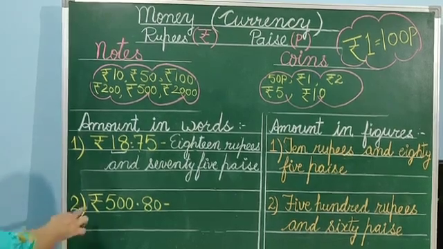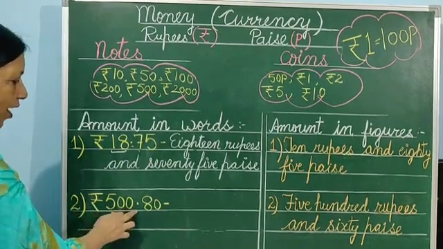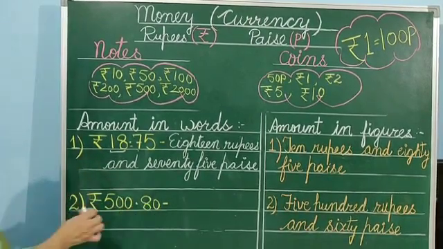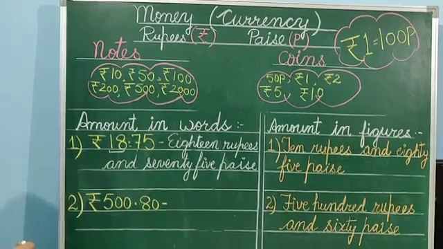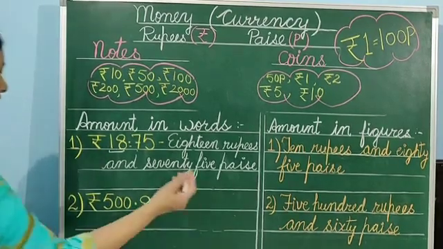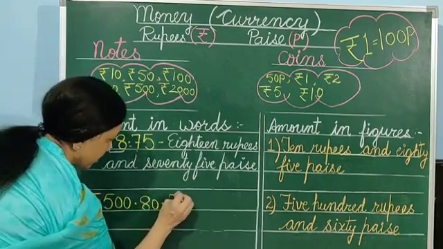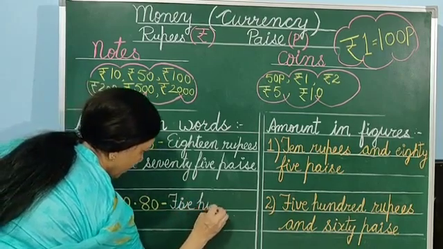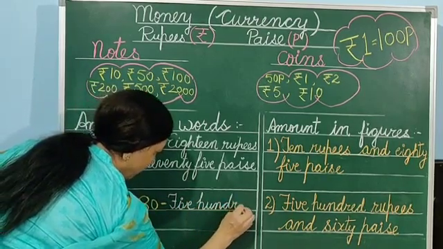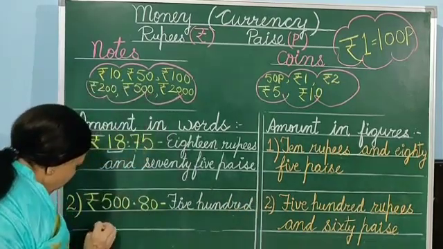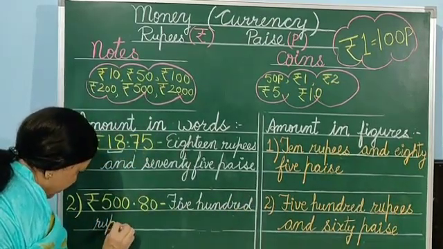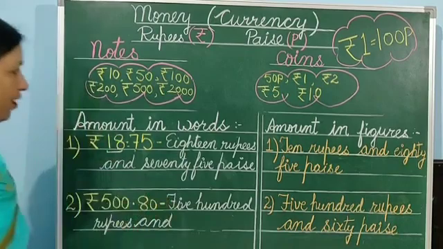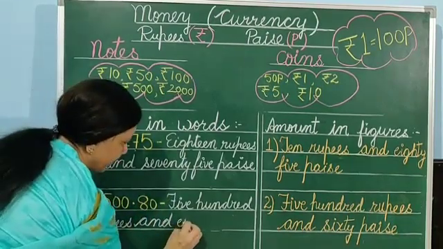Now second is rupees 500.80. How many paise are there? 80. And how many rupees are there? 500. So we will write down this amount in words. First of all write down 500 rupees. And how many paise are there? 80.